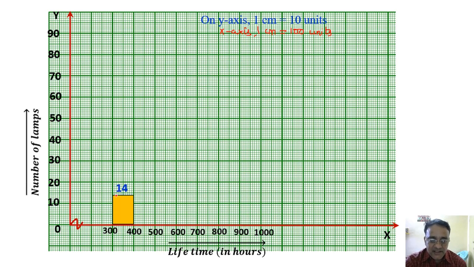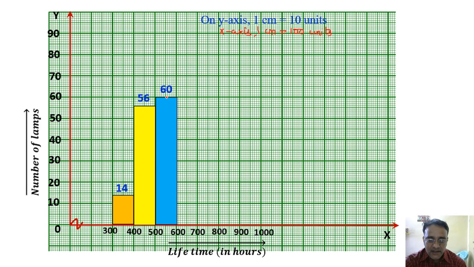Right, now the next number was 56. 56 means 50 के बाद sixth grid here, and the third one is 60. 60 means up to here 60. Next one was 86. After 80, sixth grid.